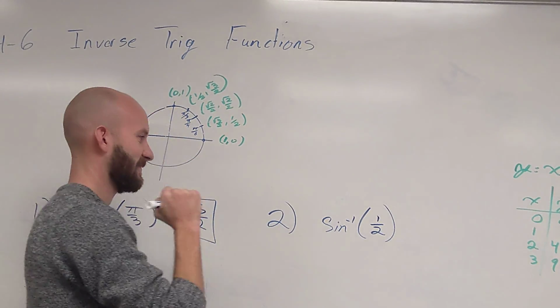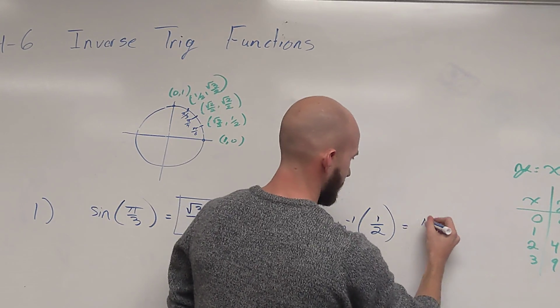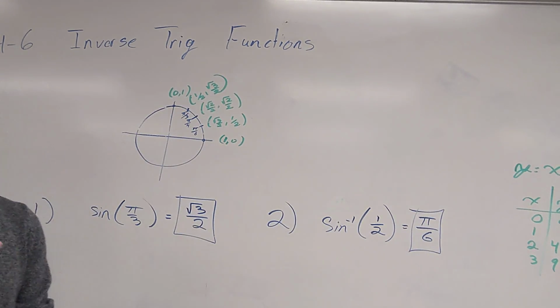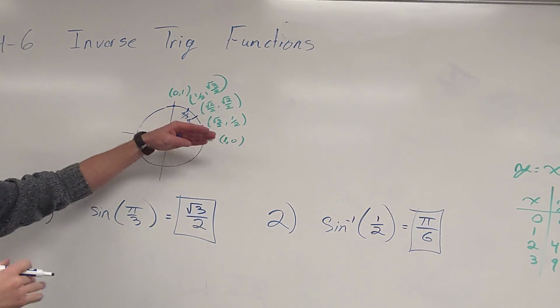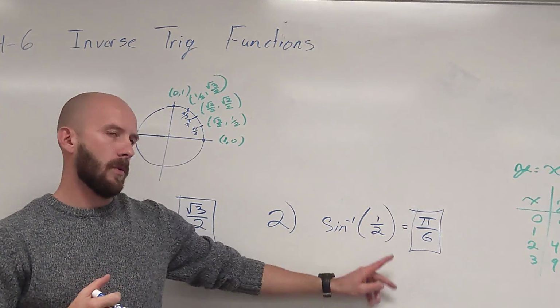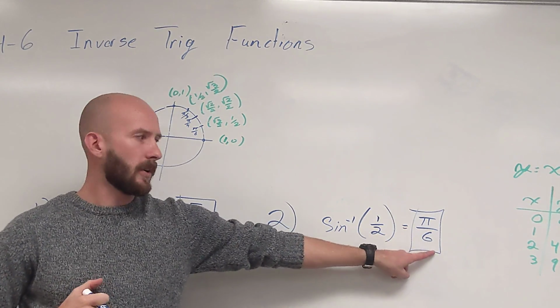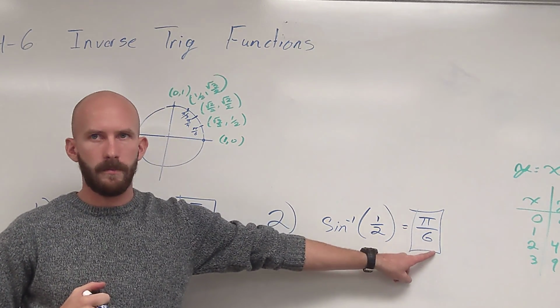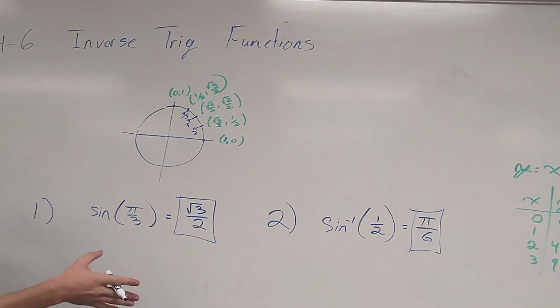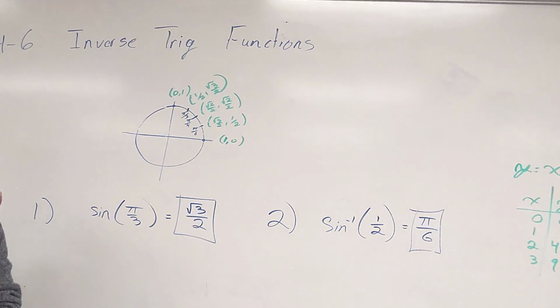Pi over 6. Pi over 6. Sorry. Okay. So again, kind of think, we're going to have to look at the unit circle or visualize it. But it's working backwards. Our answer to an inverse trig function will always be an angle. Okay?